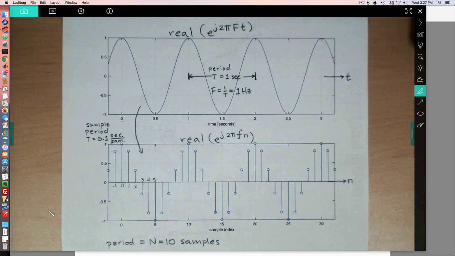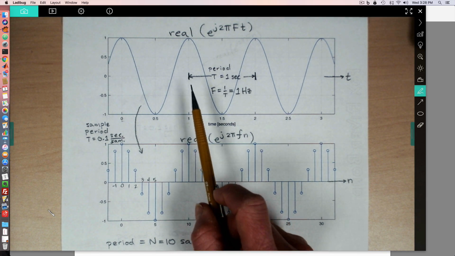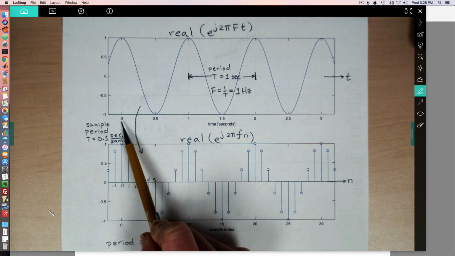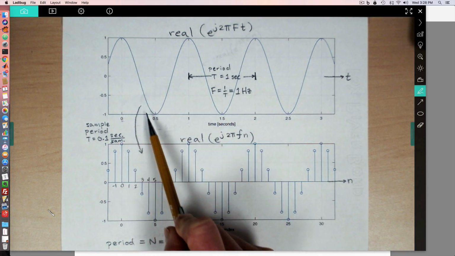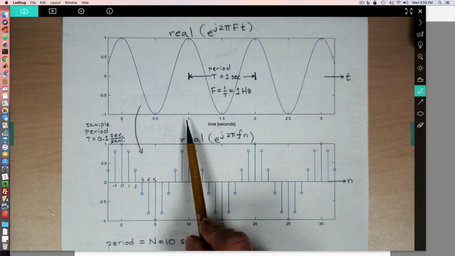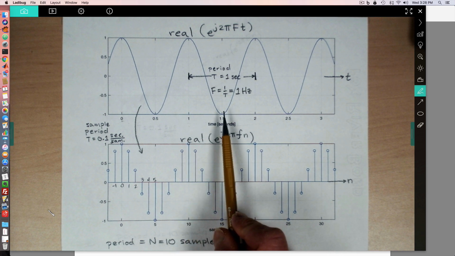One other thing to mention here before we move on, we'll be talking about period next. The period for a continuous time sinusoid is just the reciprocal of the frequency. You can see that this sinusoid passes through one cycle in 1 second, so it has a frequency of 1 hertz. The period would be the reciprocal of that, and so the period is 1 second.